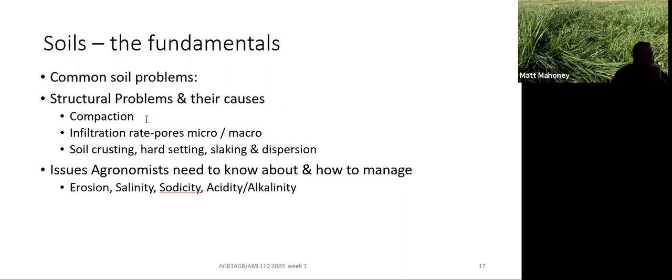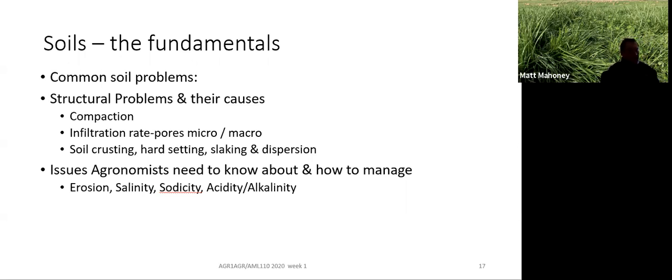So first of all, compaction. That's an issue that can come about from, for example, excessive wheel traffic or plough layers. Often you'll find a compaction layer after paddocks that are ploughed year after year. You can also get compaction from heavy foot traffic from stock, but it's generally also in the presence of moisture.